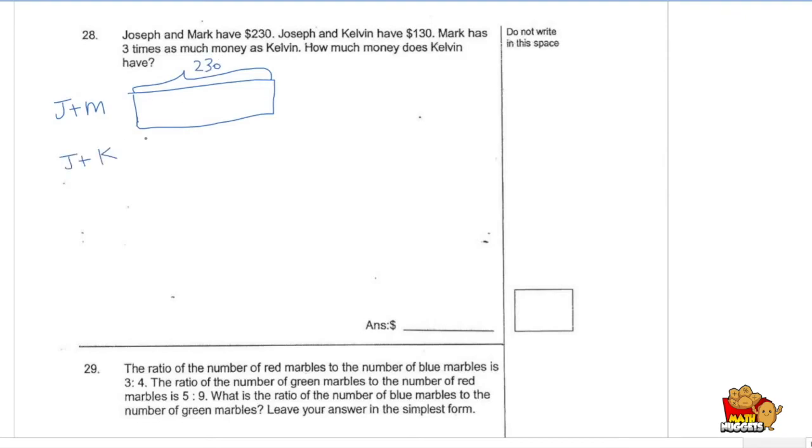J plus K is $130. So you notice that Joseph is repeated, so we'll cut Joseph out in front. I'll just draw one part here. This is Joseph.